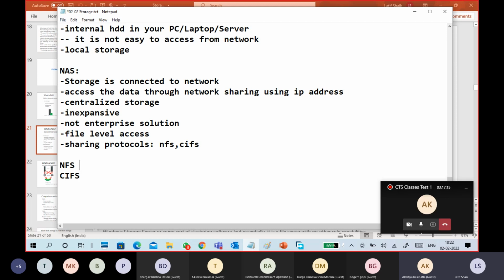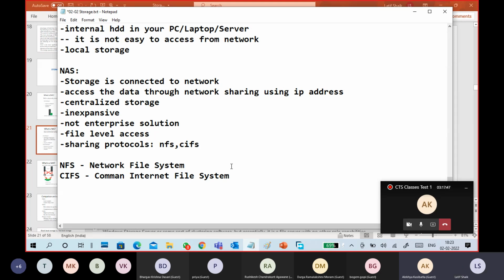What is NFS? Network File System. What is CIFS? Common Internet File System. So check the spelling, guys.